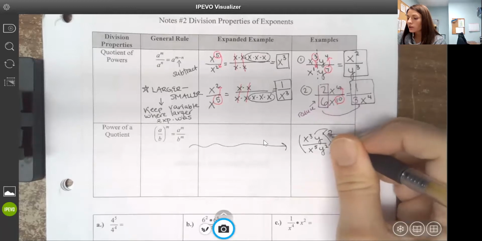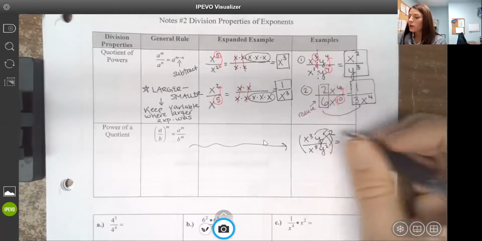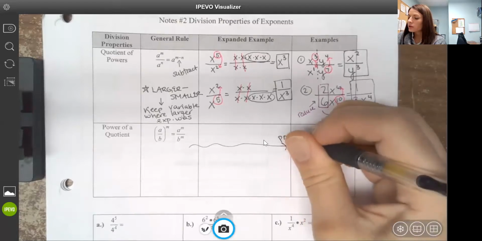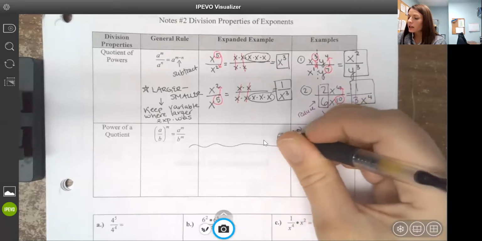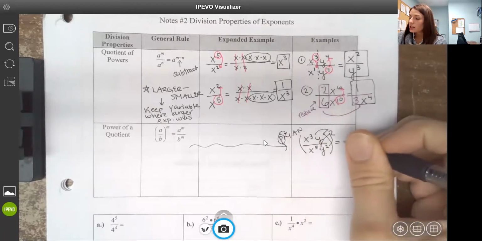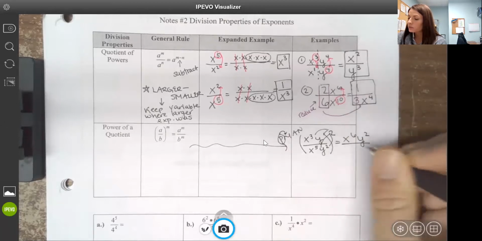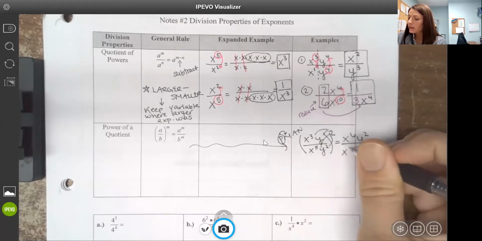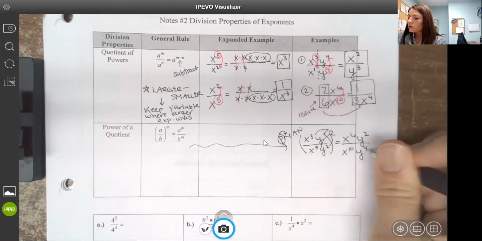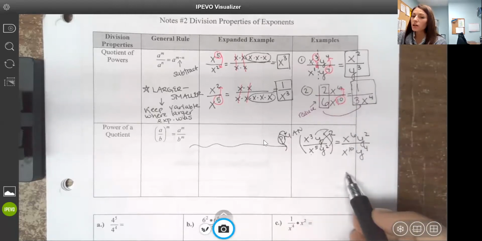First, I can go through and square everything, numerator and denominator. If we go back to our last set of notes, if I'm bringing a power in, then I'm multiplying those exponents, which would make this x to the 6th, y to the 2nd, x to the 10th, y to the 4th. So squaring all of those terms brings me here.